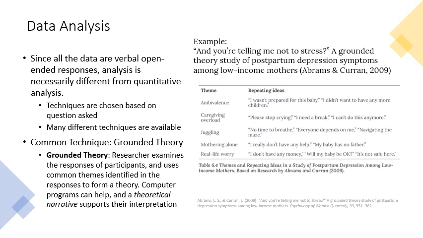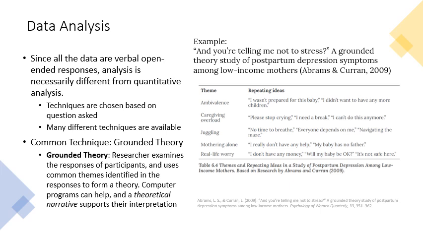There's a theme of caregiving overload, and the words that were said are, "Please stop crying. I need a break. I can't do this anymore." These mamas were tired. They're juggling things. "I have no time to breathe. Everyone depends on me navigating the maze." So they're really feeling a lot of stress from this. Mothering alone.